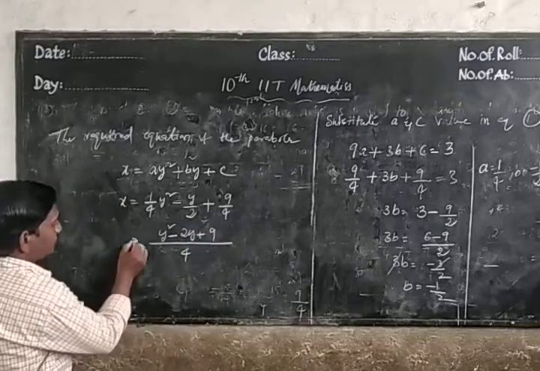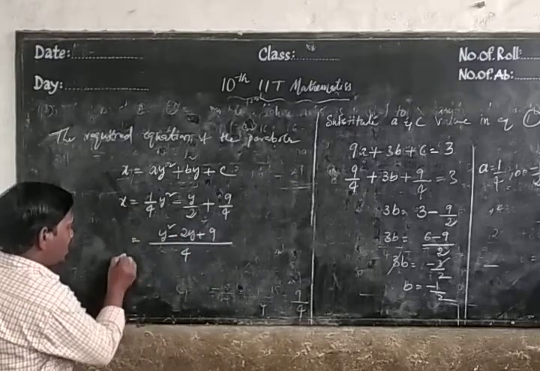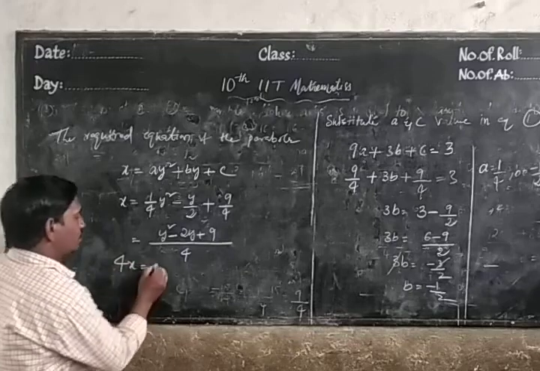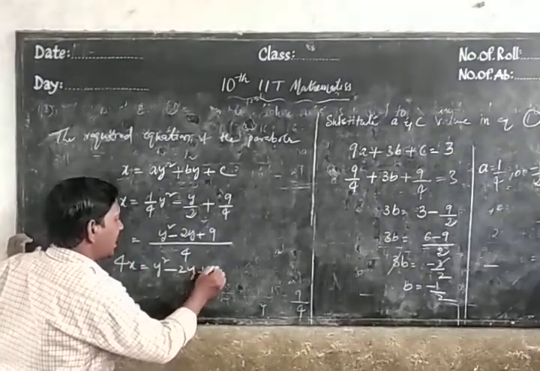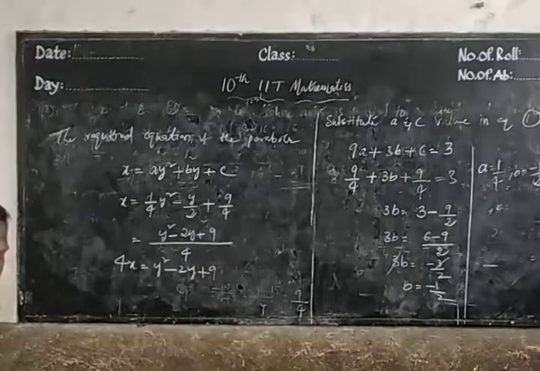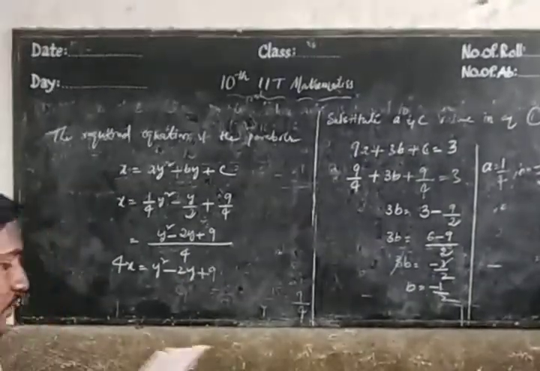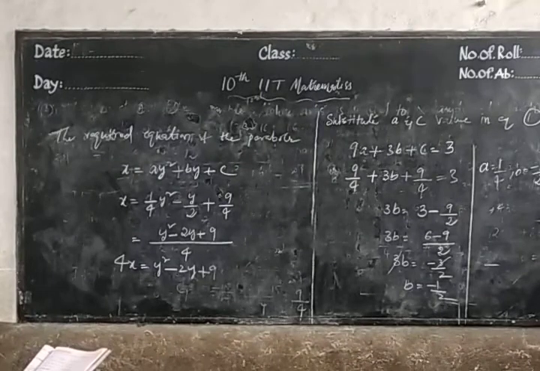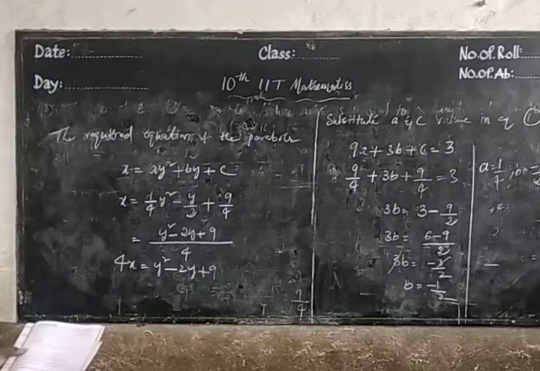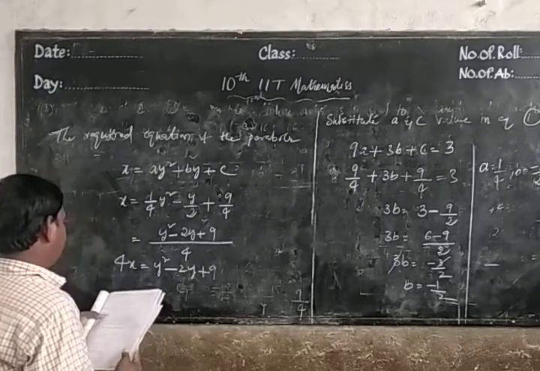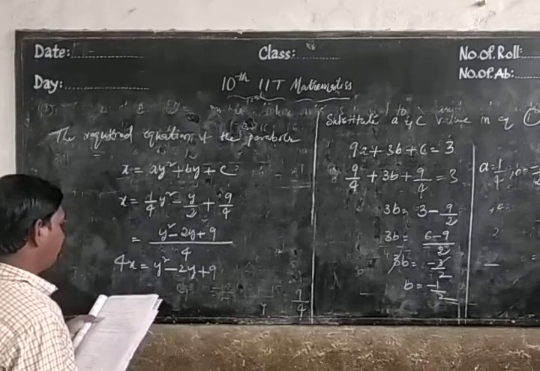Now by the cross multiplication, 4x equal to y square minus 2y plus 9. Okay, what is the given answer here? x is y square, okay.